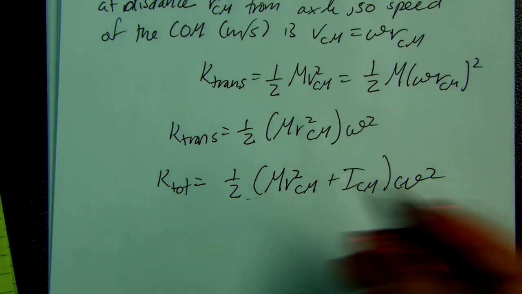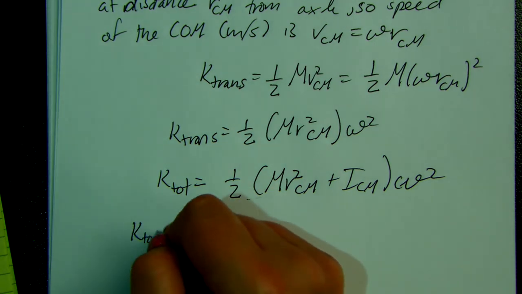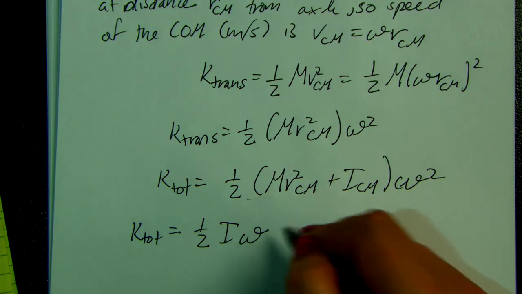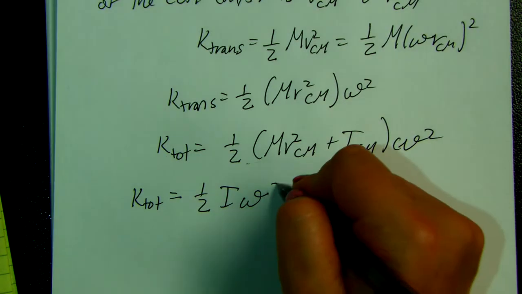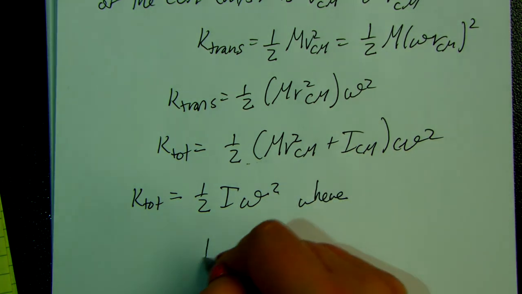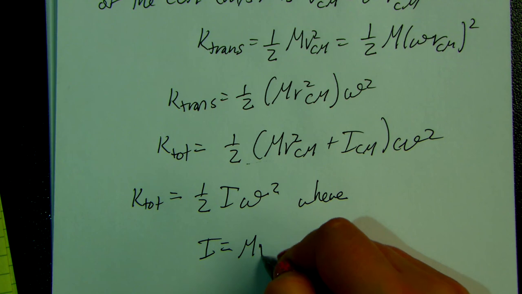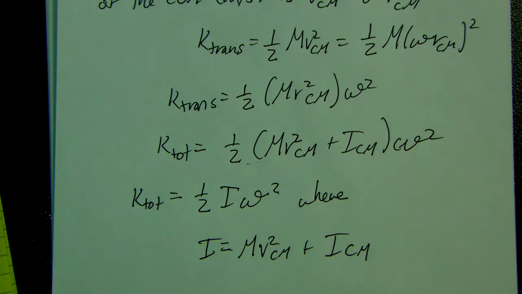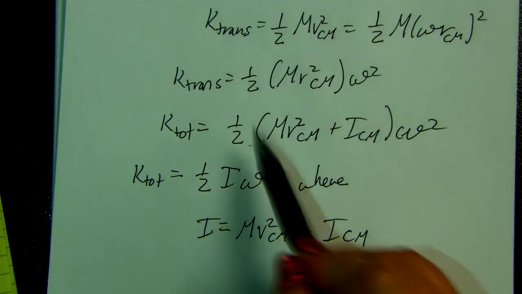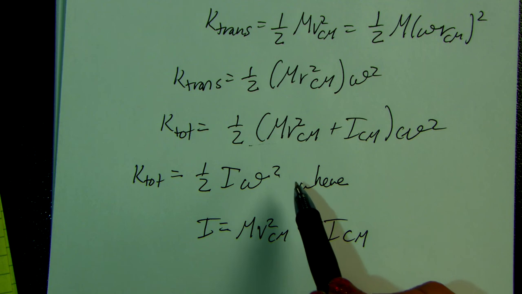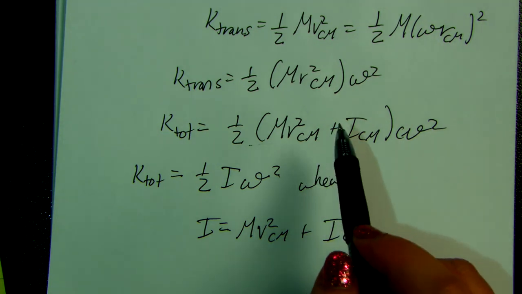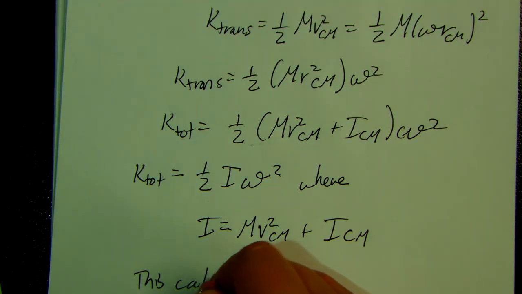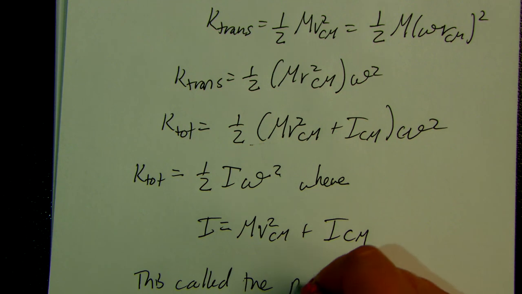And we can basically summarize this by saying that K total is equal to 1/2 I omega squared, where I is equal to m RCM squared plus ICM. So you could call this whole thing the moment of inertia. And what we have just shown here is called the parallel axis theorem.